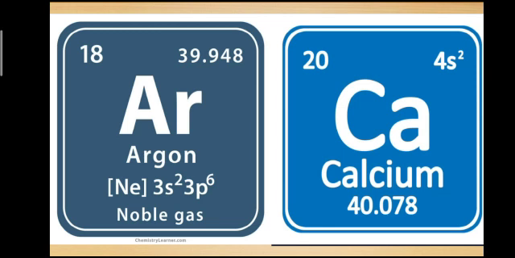The atomic number is different in both cases. What about the mass number? The mass number is similar. Even though they are atoms of different elements, they have the same mass number. So we conclude this: the atoms of different elements may have the same atomic masses.